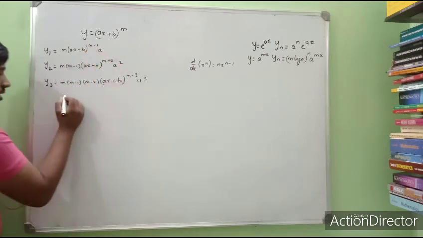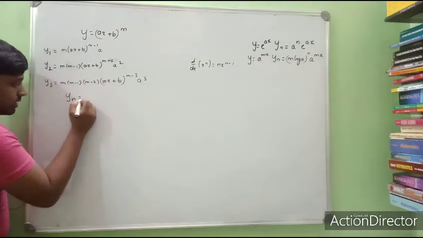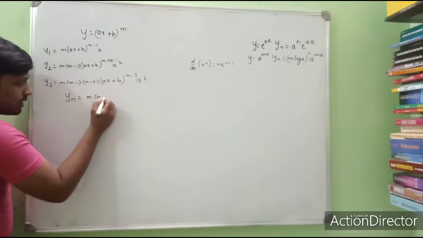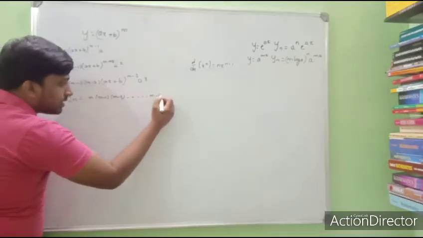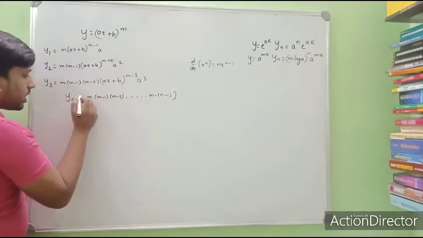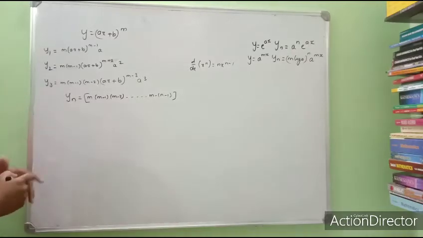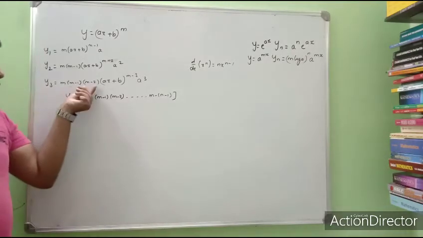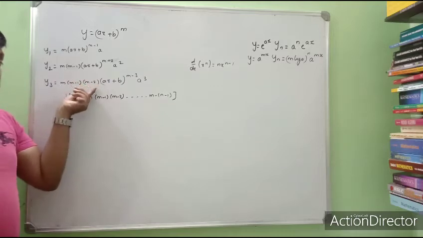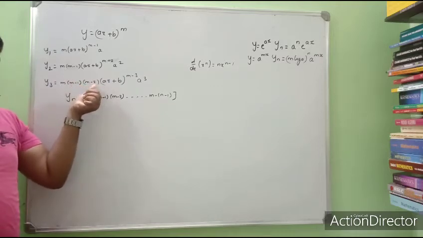Then how are we going to generalize this? That is yn is equal to m into m minus 1 into m minus 2 and so on to m minus n plus 1. Observe carefully. Whenever we are taking any derivative, like the third derivative, it is going to end at m minus 2, right?